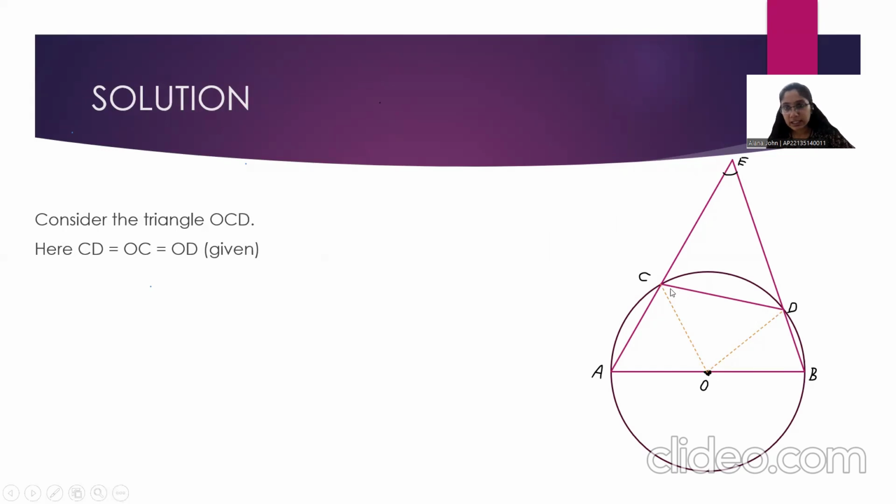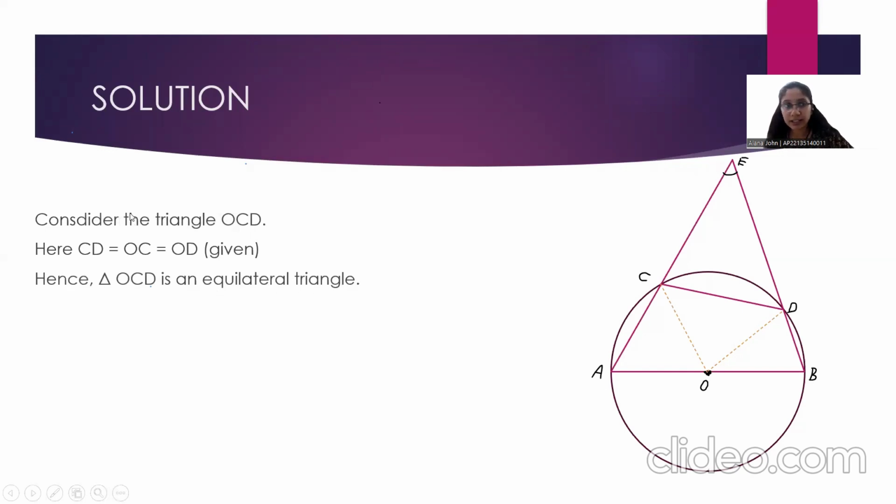So if we consider the triangle OCD, all the sides of this triangle are equal. Then what is this triangle? This triangle becomes an equilateral triangle. Yes, triangle OCD is an equilateral triangle.